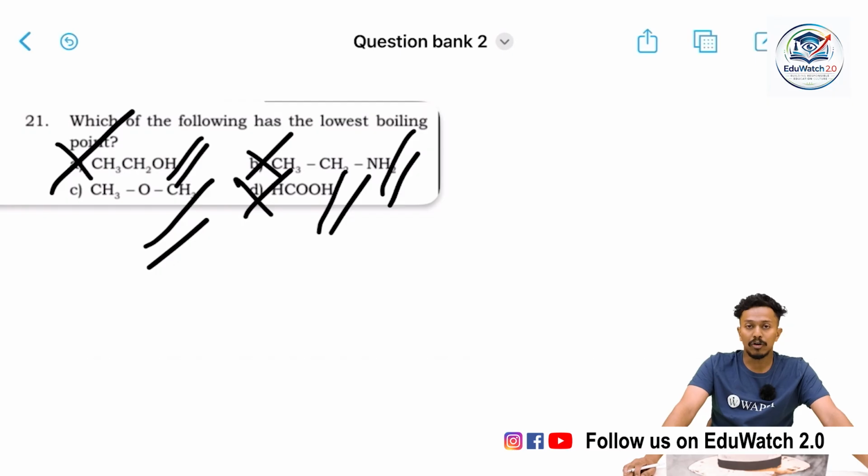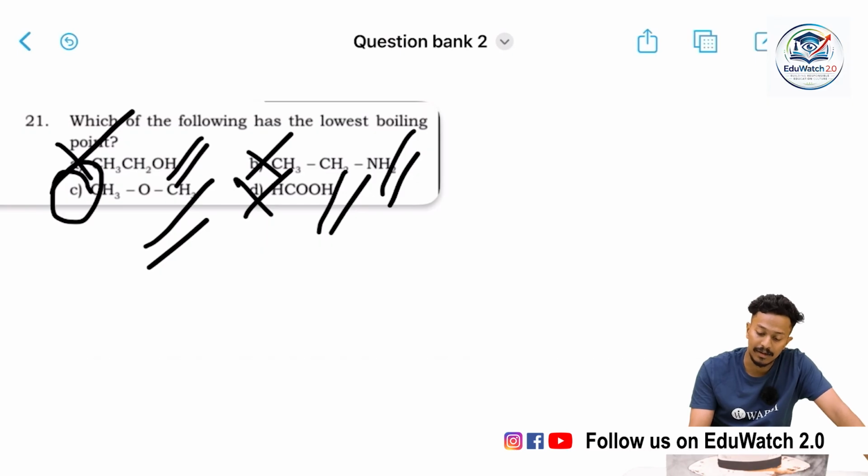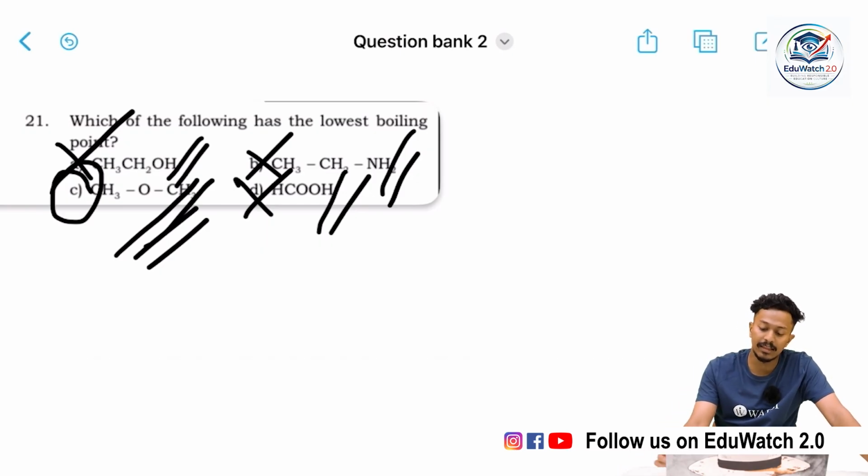Okay, the remaining option is an ether, right? CH3OCH3. So here this ether cannot form hydrogen bonding with other molecules. There is no possibility of forming hydrogen bonding in any of these compounds.